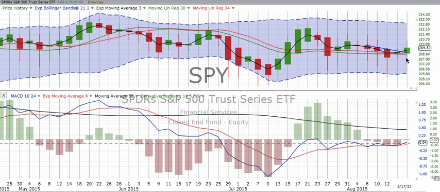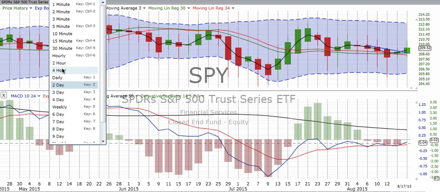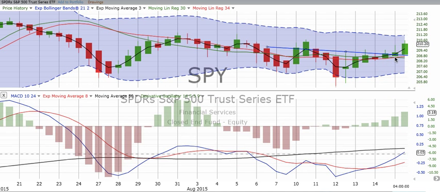And if we revert back to our 4-hour chart, you will also see that upward movement in the morning, and then substantially more upward movement in the afternoon after the MACD was breached or crossed over going up on the 14th. That again is our short 4-hour chart. So we've breached that, and it's an up movement on both the total market and the SPY on the 4-hour chart and the 2-day chart.